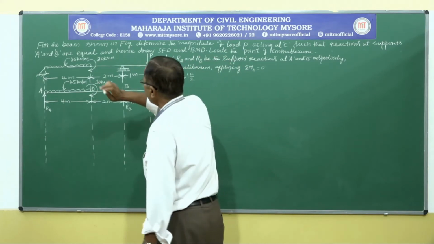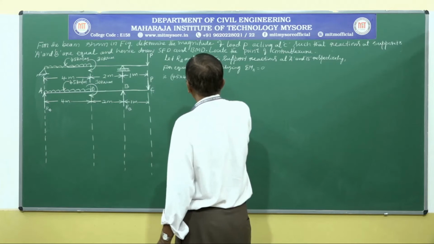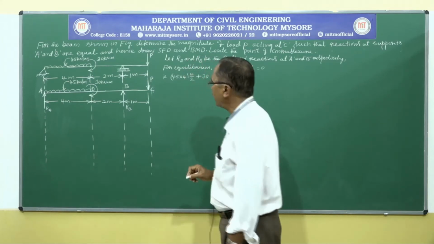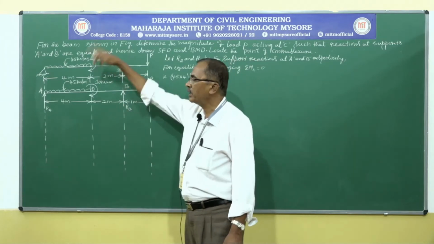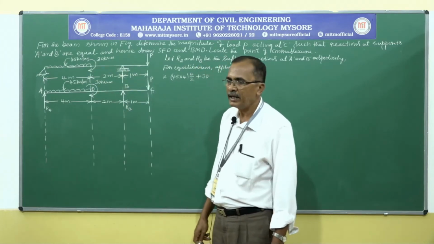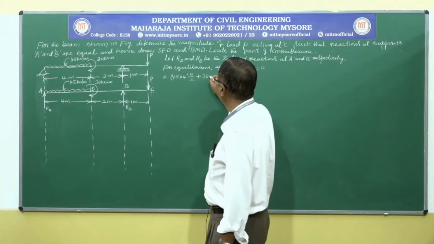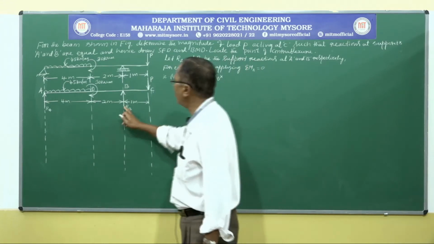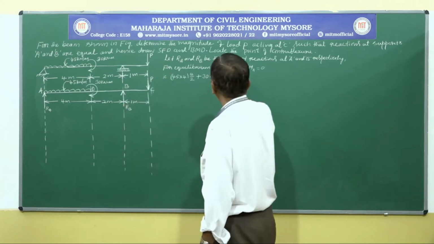Next, consider this clockwise couple as it is, plus 30 kilonewton meter. Next, this RB will try to lift the beam in the upward direction, creating anti-clockwise moment, negative, minus RB into the span, which is 4 plus 2, 6 meter.